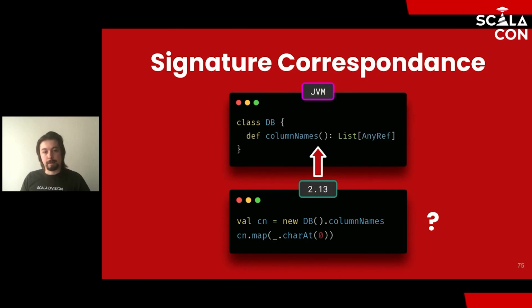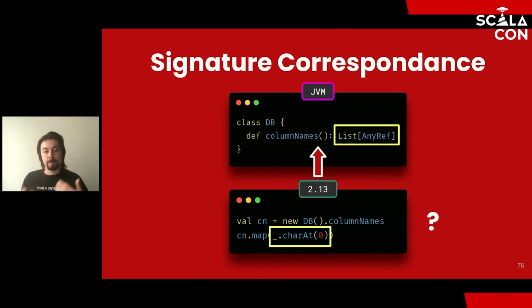But if we are depending on it and we only see the class files, then class files have gone through a process called type erasure, which means that when they were converted from Scala files to class files, we have lost some information. So essentially, the return type of columnNames has changed from list of string to a list of anything, a list of objects.